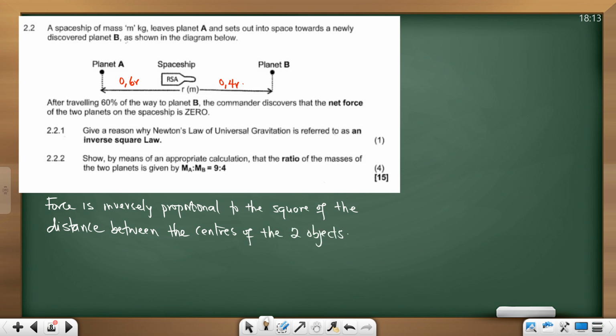All right, that's why it's called an inverse square, because it's inversely proportional to the square. So basically we're saying F.